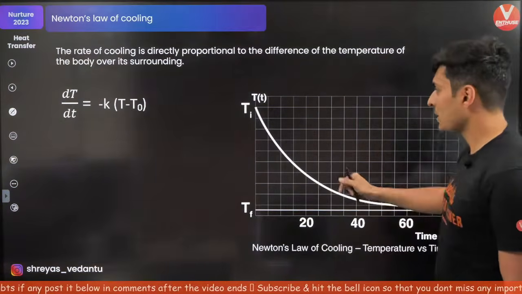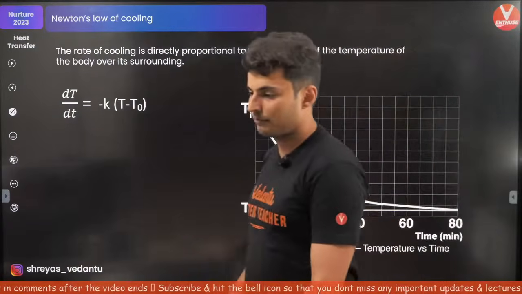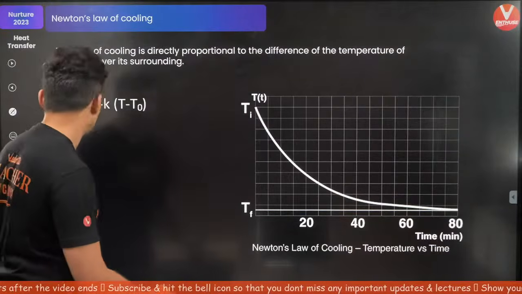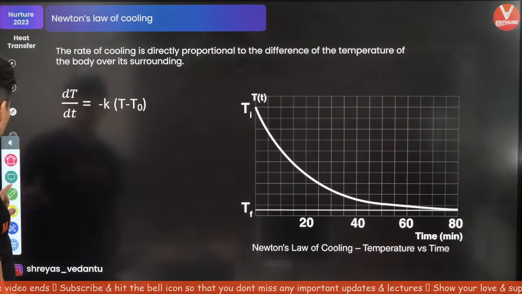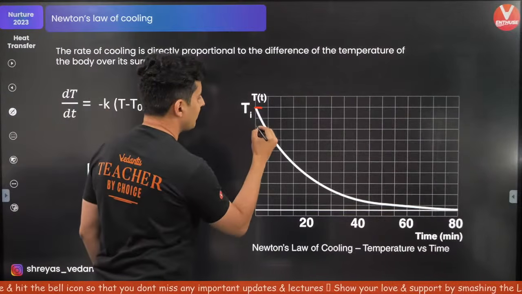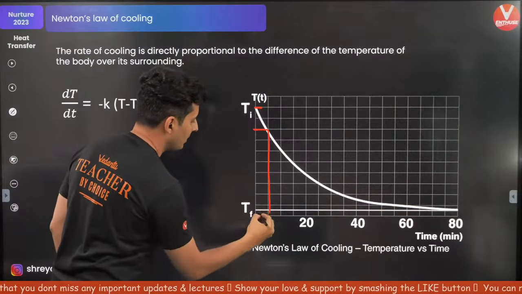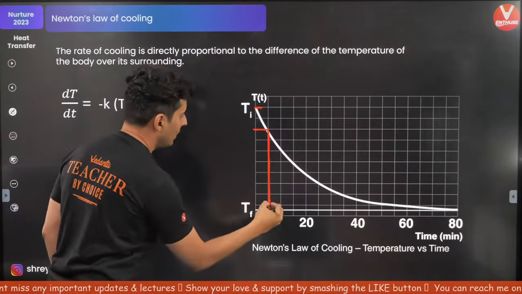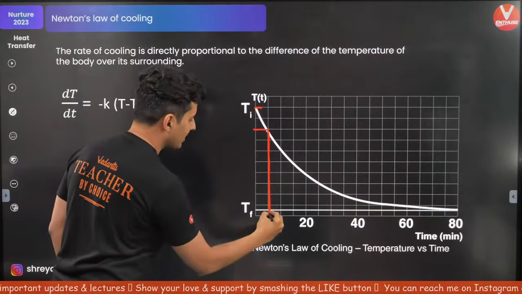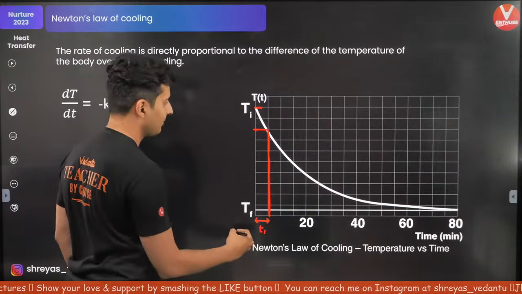and that's why the graph will come out to be like this. Initially it is very quick, later on it takes long time. Observe this graph very carefully over here. Initially, to change the temperature from here to here, I will only take probably this much time. To change the temperature by 2 squares, I'll probably need only this much time. Let's say I call it T1.